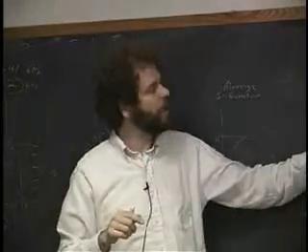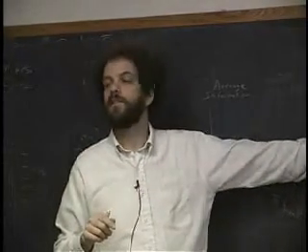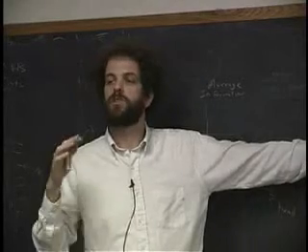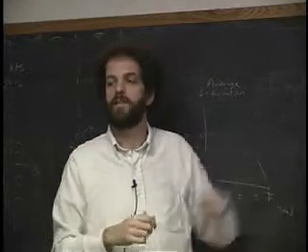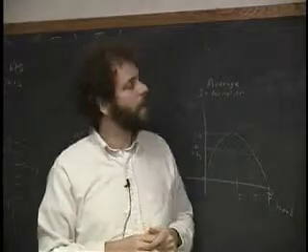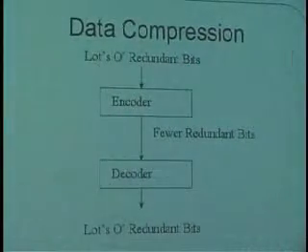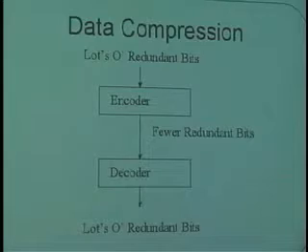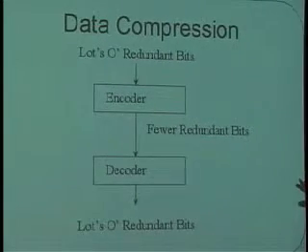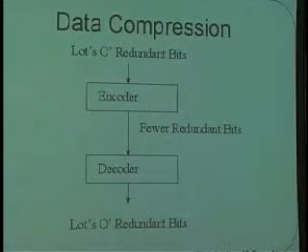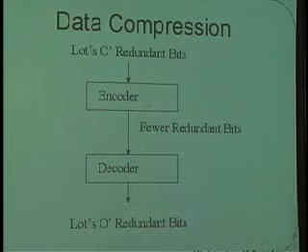If I were to play this file through a speaker, it would sound like white noise. In general, it's a remarkable result. Here's what zip does: it takes lots of redundant bits, strips some of them off, creates fewer redundant bits, and has an inverse process that goes the other way.